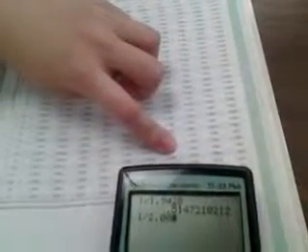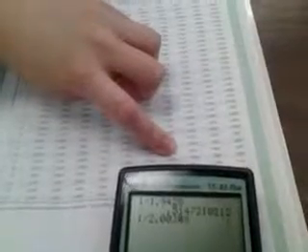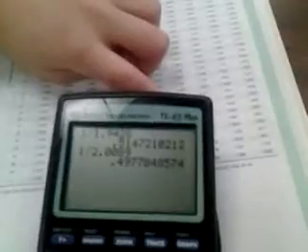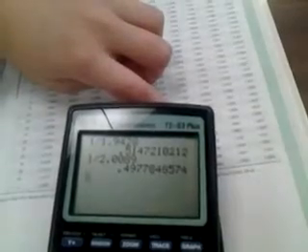So you do 1 over that. So put it in the calculator. 1 over 2.0089, sorry. 0.49778. So that is your left thing.